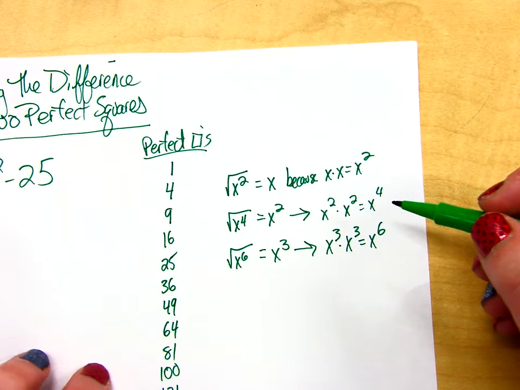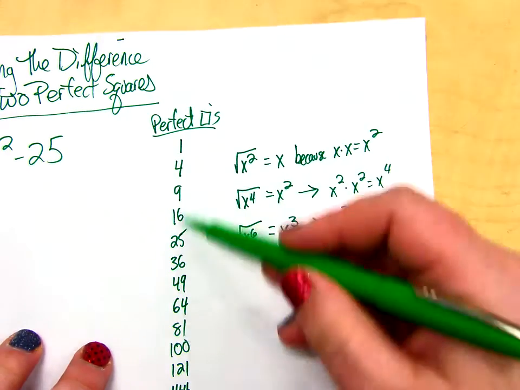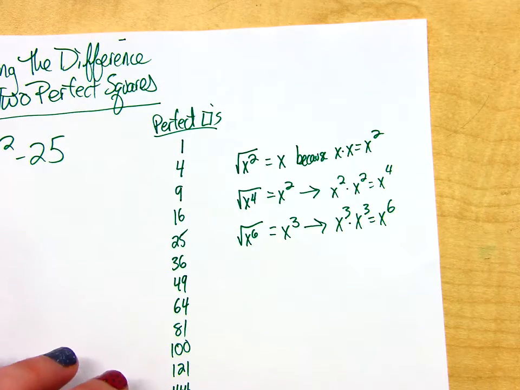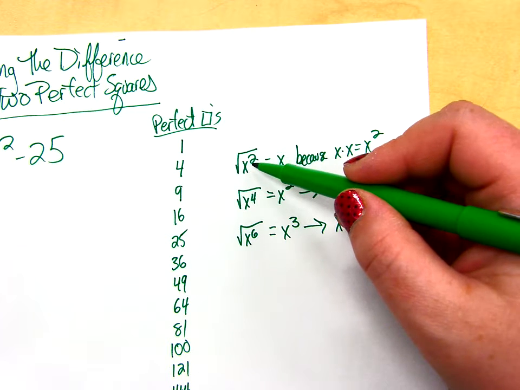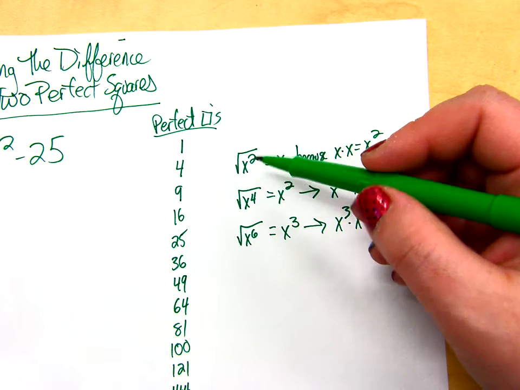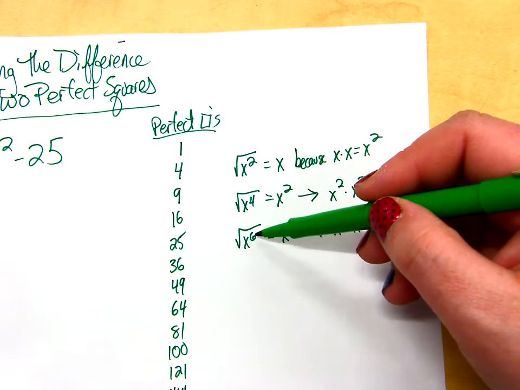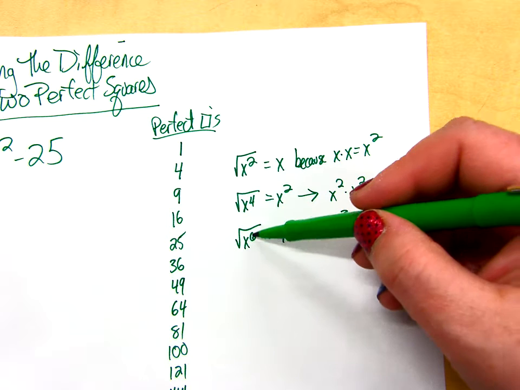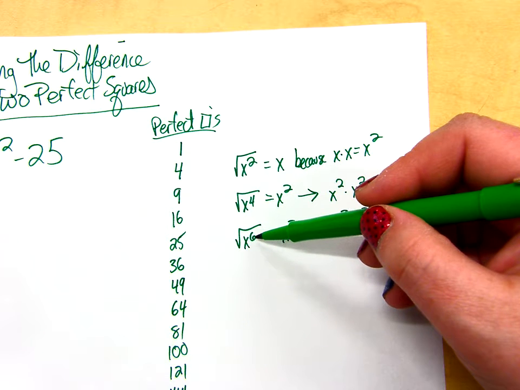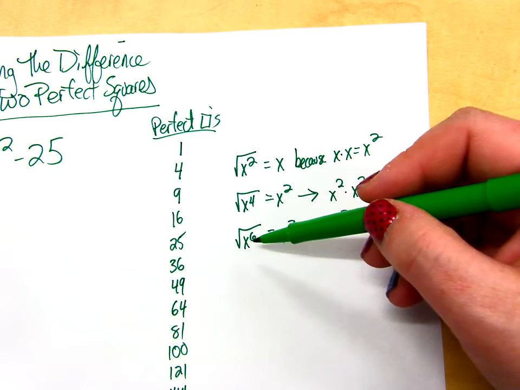I know it gets confusing because you're so used to these being your perfect squares. They are, but so are these variables being raised to even exponents. I know, like, this one trips you up because you're like, 6 isn't a perfect square. I know that. But that number right there is not 6. It's x to the sixth power, which is totally different.